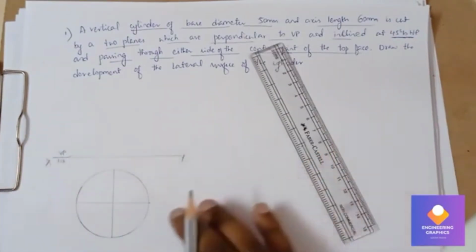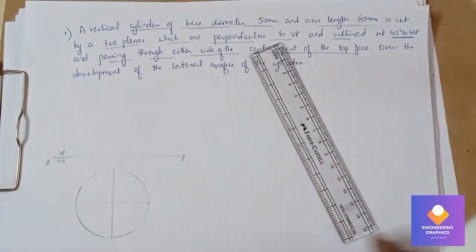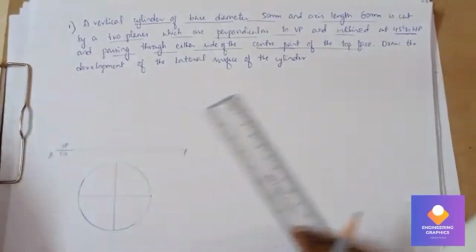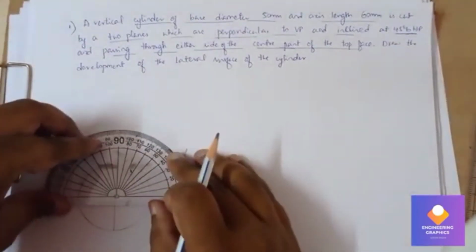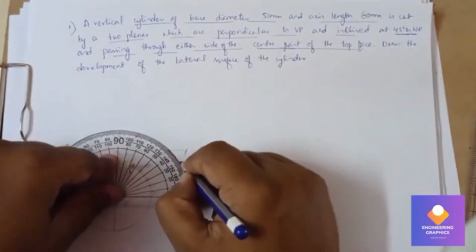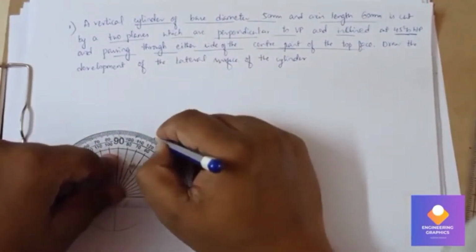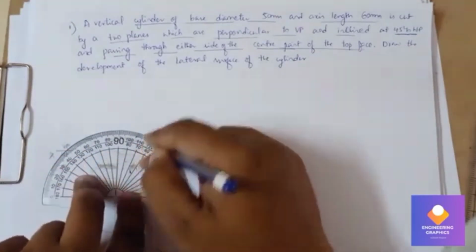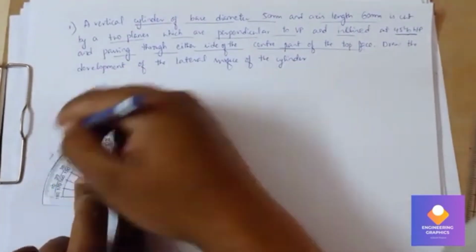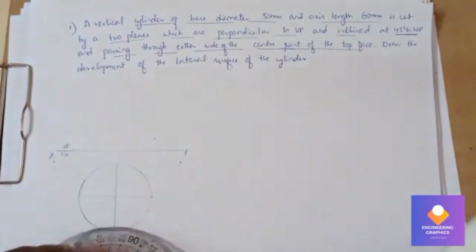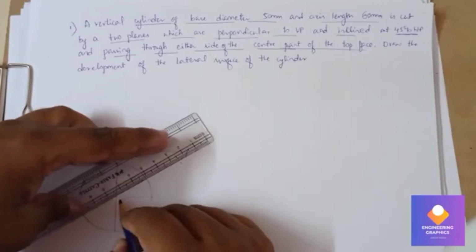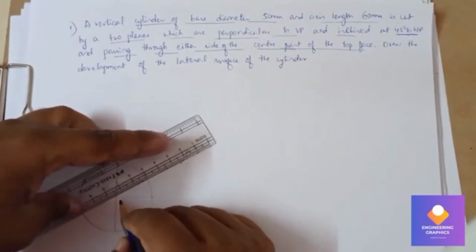Now I will take a protractor and mark angles of 30 degrees: 30, 60, 90, 120, 150. Then with the help of a scale I'll draw a straight line passing through these angle points on both sides.